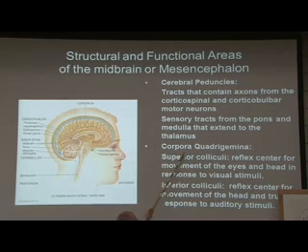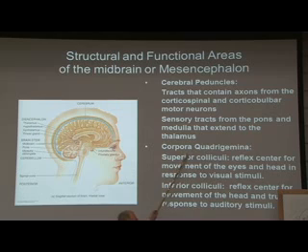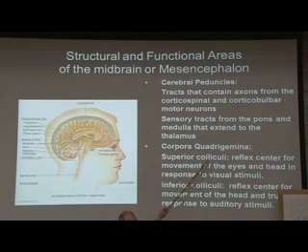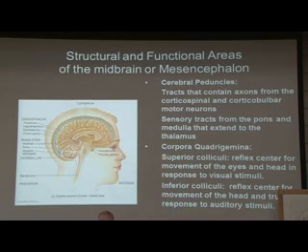And then we had on the back of the midbrain 4 bumps, so we call those the corpora quadrigemina. We had 2 upper bumps, which were the superior colliculi, and 2 lower bumps, which were the inferior colliculi. And so the superior colliculi are reflexes related to visual stimuli. So that's kind of fun. You could test this on someone.